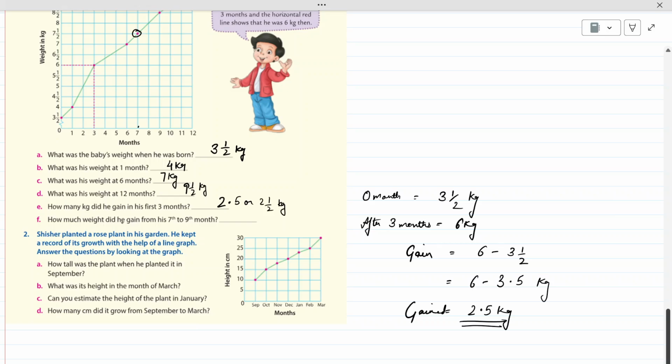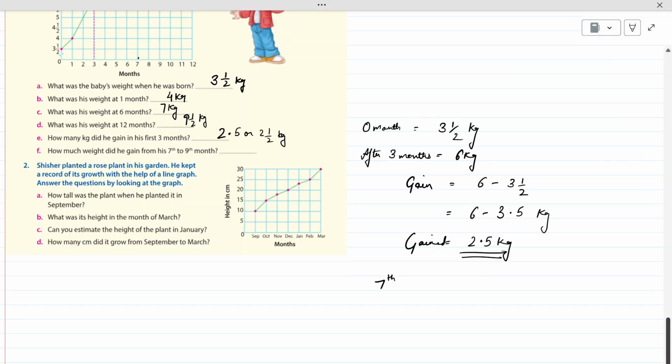Next, how much weight did he gain from his 7th to 9th month? So how can we find it out? We can see the weight at the 7th month. The 7th month weight is 7.5 kgs, and the 9th month weight is 9.5 kgs, right?